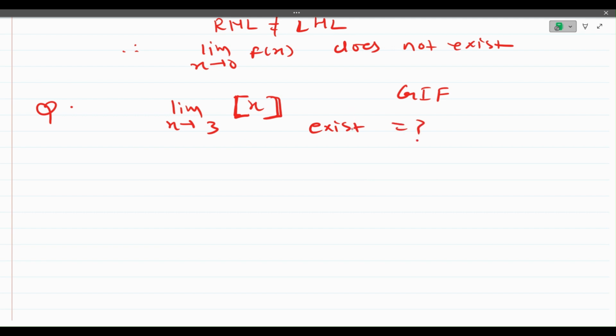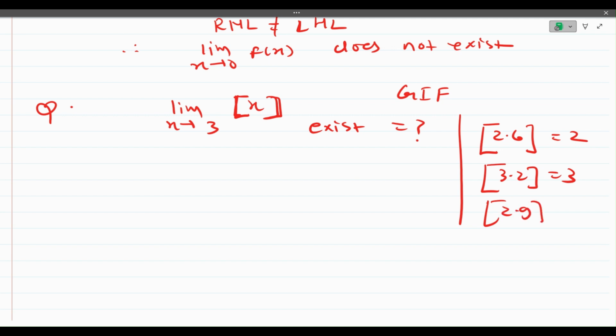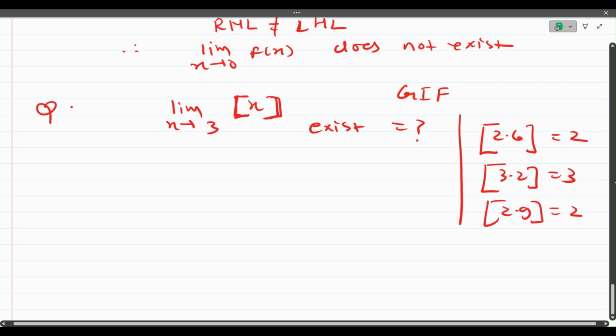Greatest integer function means, for example, if I write 2.6 inside the greatest integer function, I get 2. It's just the greatest integer less than or equal to the number. So if I write, let's say 3.2, then I'm going to get 3. If I write 2.9, then also I'm going to get 2. So it's the greatest integer just less than the given number.